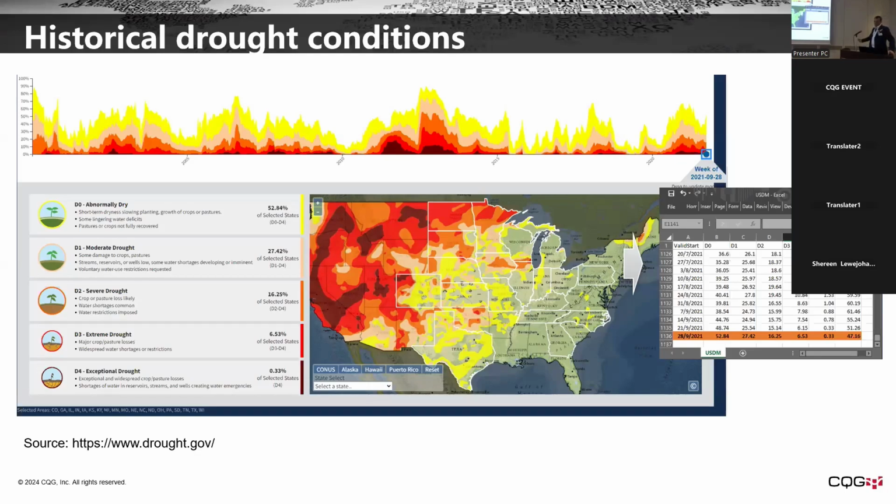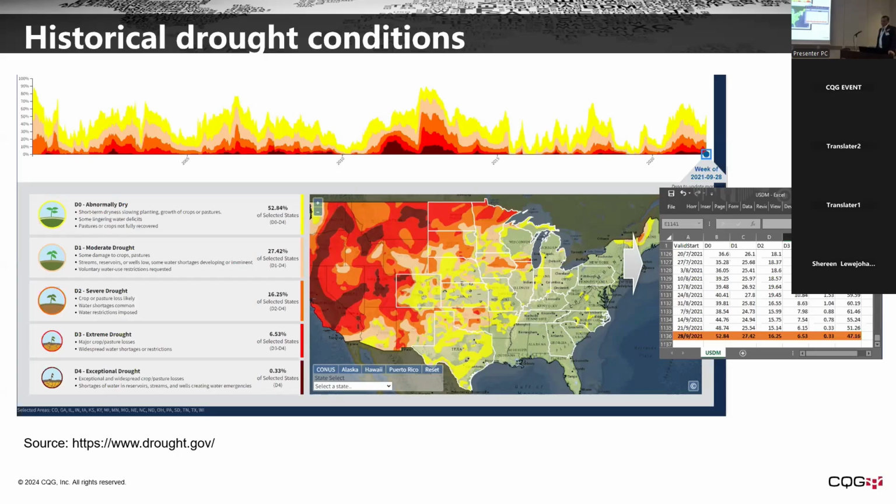So there's obviously a few places where we can find information on droughts, especially for the US. But the one I'm choosing here is the Drought Monitor. It's the public website, which is a website where we can find different pieces of information and actually load it into CQG through various means.